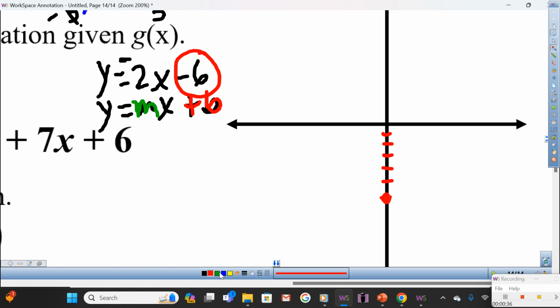And what is the slope? Slope is negative 2, and in fraction form is negative 2 over 1. What does that mean, Mr. Q? That means 2 steps down and 1 to the right.